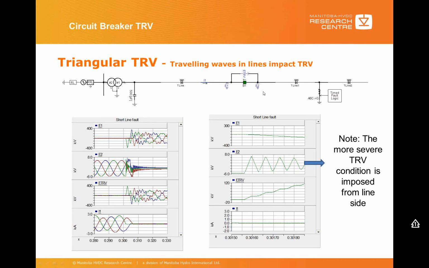As you see, E2, which is the short transmission line side, when you're having a fault on the E2 side, which is the transmission line side, may have, due to the traveling wave effect, a sawtooth or triangular shape of voltage. And when you embed it, see the difference, you will see the triangular nature of the TRV.